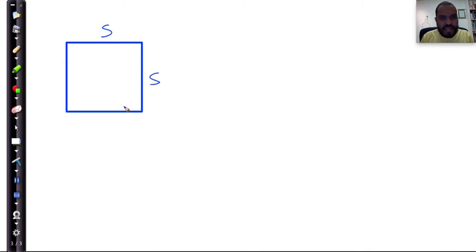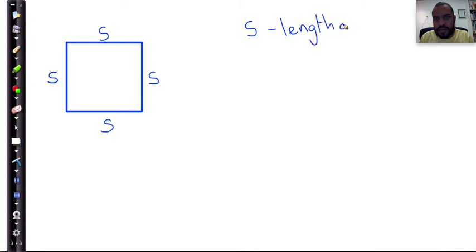That's S, S, S, S, where S simply represents the variable that describes each length of the square. S represents the length of the side of the square.